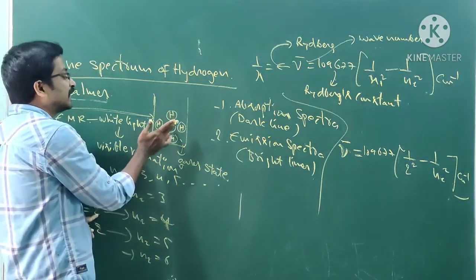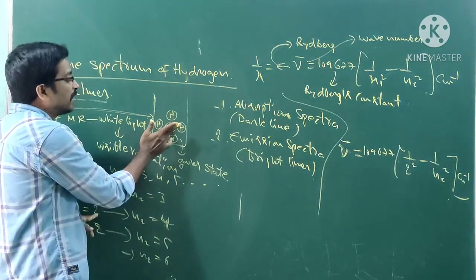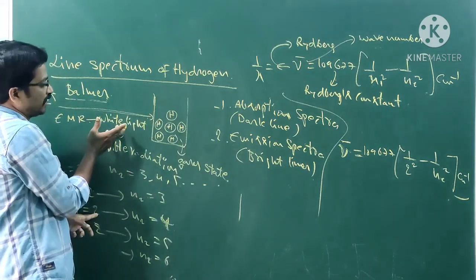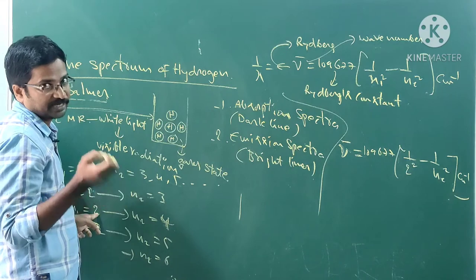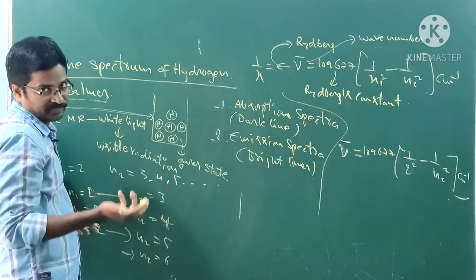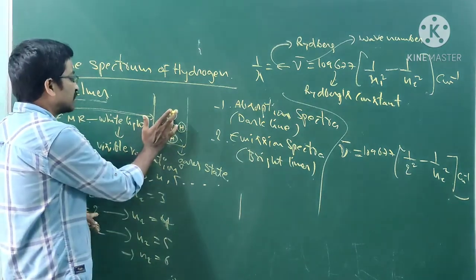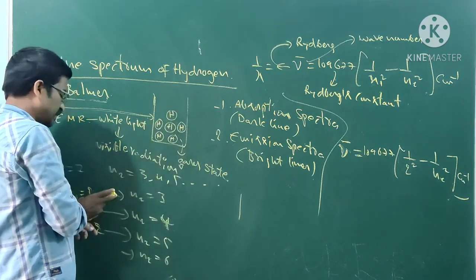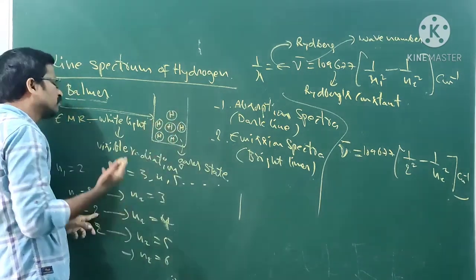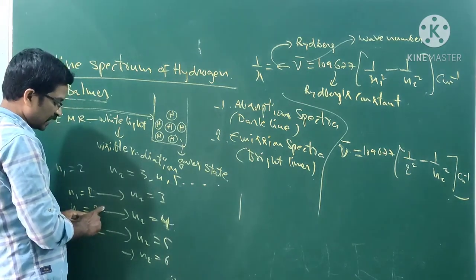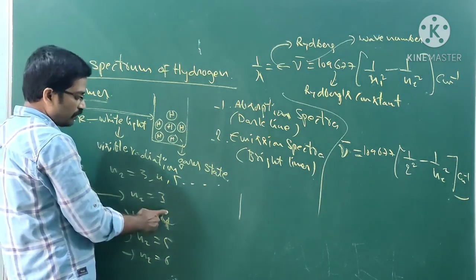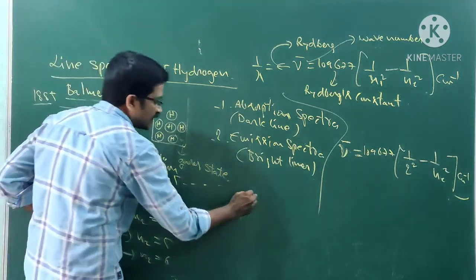Another atom may absorb a greater amount of energy from white light. White light contains 7 colors, and these colors contain different energies. So this atom absorbs only limited energy, while another atom absorbs greater energy, so that the electron goes from n is equal to 2 to 4. That is why you get another line.